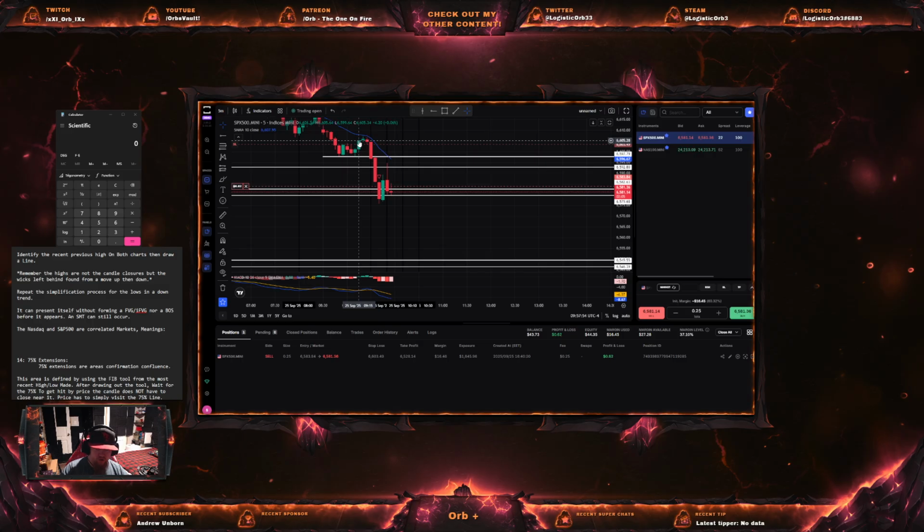The point of control was not a strong reaction to. Instead, we got exactly what I'm looking at rule 1, where it came down, retested an area, and then continued. We are now outside of that range. It's going to continue lower.